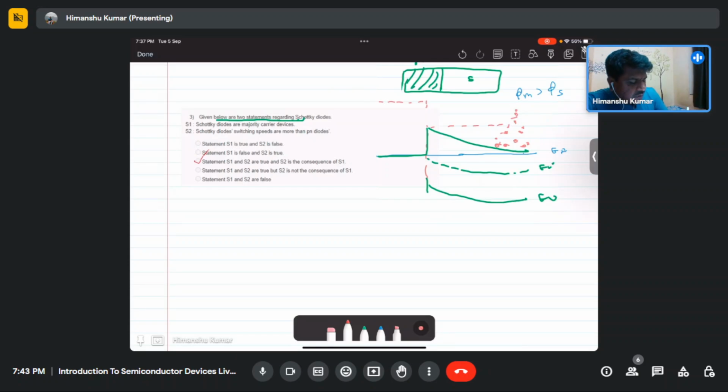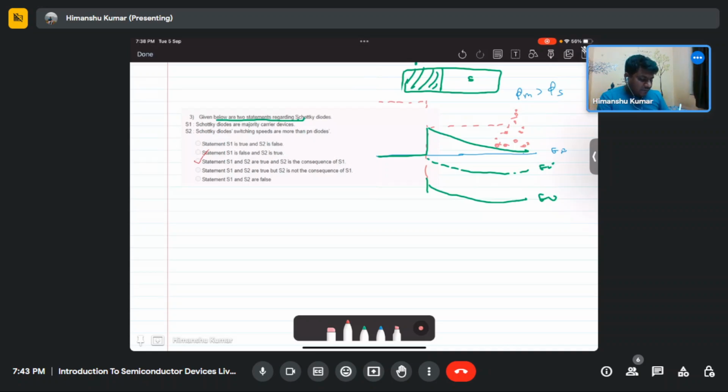The electrons face a barrier to go to the other side, the metal, to conduct. Quite few electrons are available, and there is a barrier formed. So at zero bias, a very small current flows.